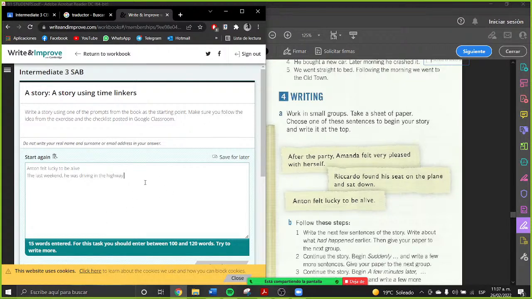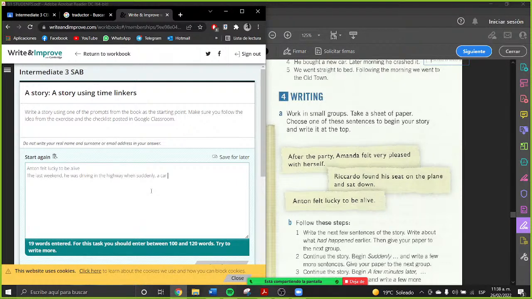Tenemos 15 palabras. Ok, entonces when suddenly. When suddenly, coma. ¿Coma? Ajá. A car had a stroke. ¿Qué quiere decir? Era de que un carro había aparecido.